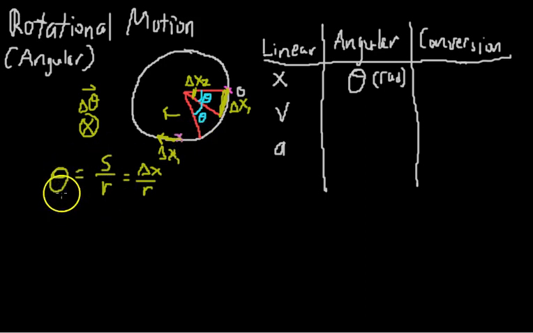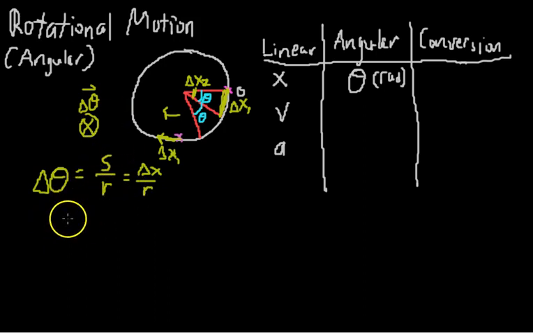So we have theta, I'll write it like this, delta theta equals delta x over r. This is the definition of a radian. So 1 radian is when the arc length is equal to the radius. If you didn't know that, then you need to do a little bit more work maybe in this unit to get familiar with how this works out.